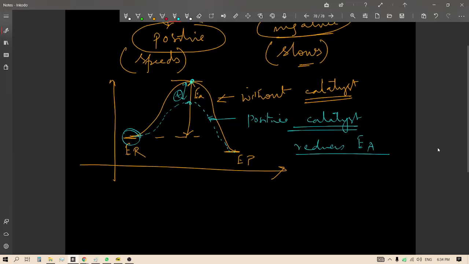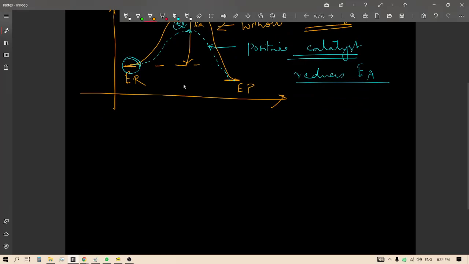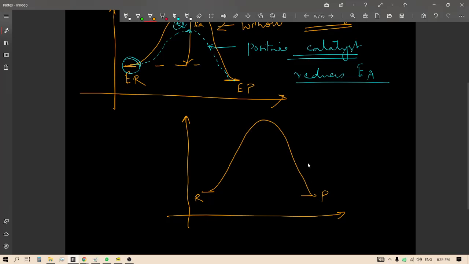So this is what a positive catalyst does. Similarly, what does a negative catalyst do? You can always guess. It increases the activation energy. For example, this is R, this is P, this is the activation energy Ea, and with my negative catalyst it goes up.